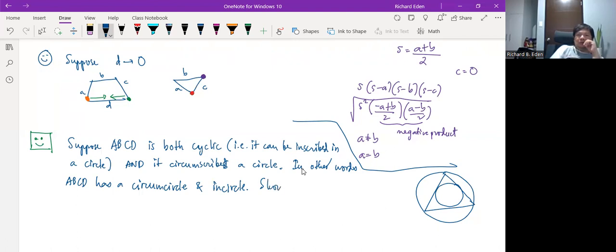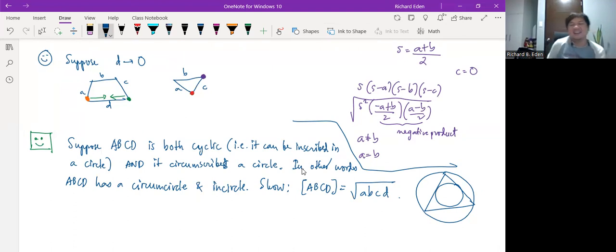Show or prove the area of ABCD is equal to the square root of ABCD. This looks like I've seen this before, but it's either just deja vu or I've actually seen this, but I just do not know the proof.